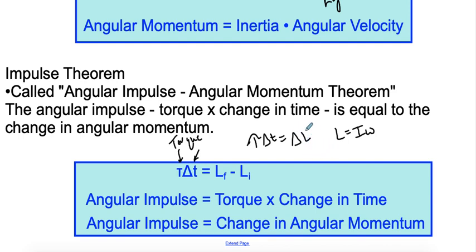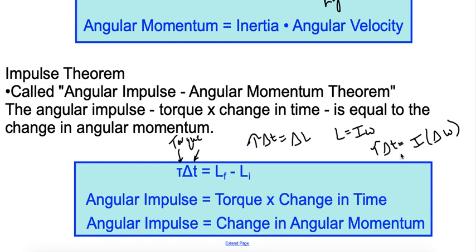And we can write this, or rather this would be I omega, so we can write this as torque delta T equals I times change in angular velocity. That would be another way to write our impulse momentum, or angular momentum theorem.